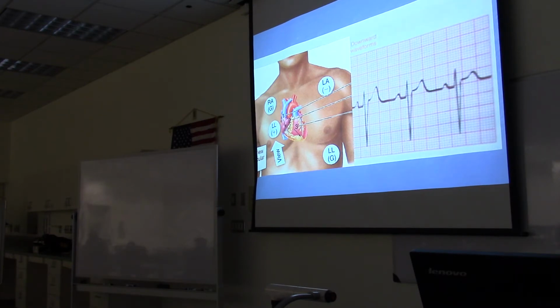This is showing you a picture of MCL1. Is it labeled there anywhere? No. All right, so you have to label this on your paper. MCL1. And everything is moved around.